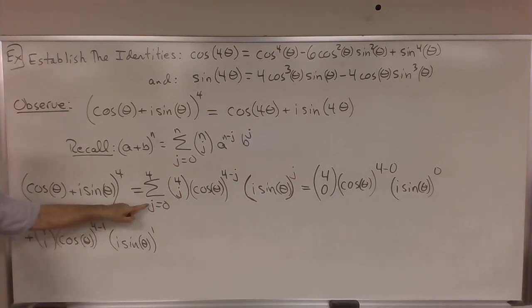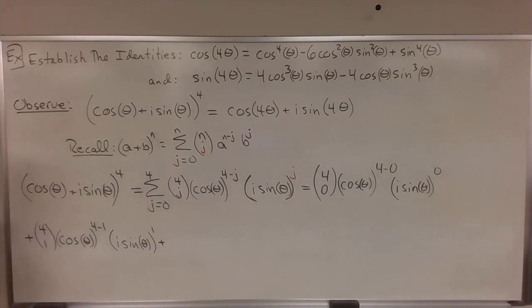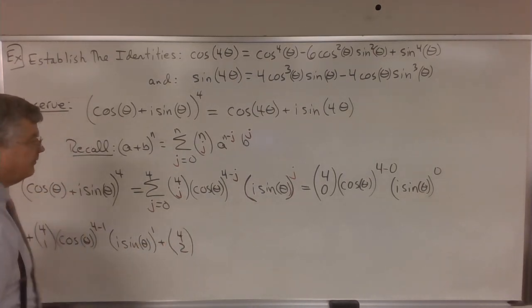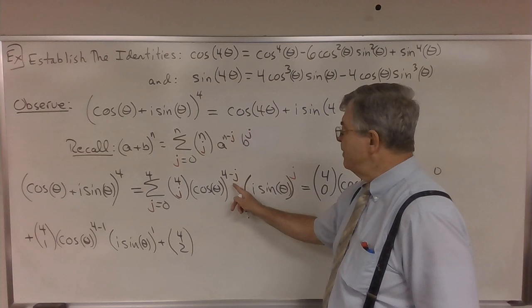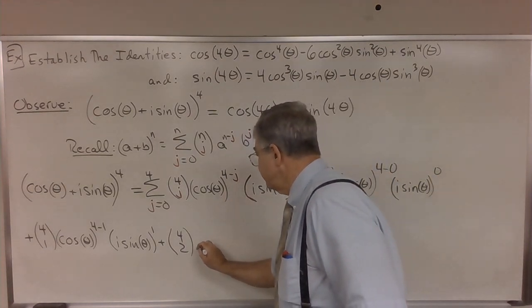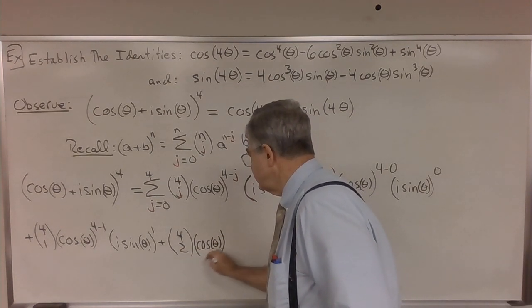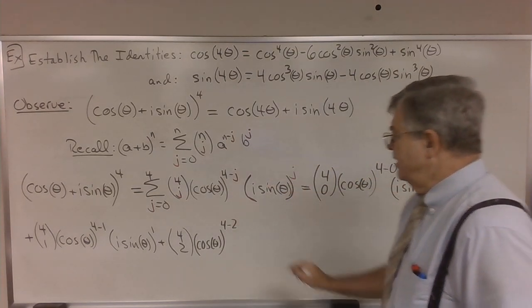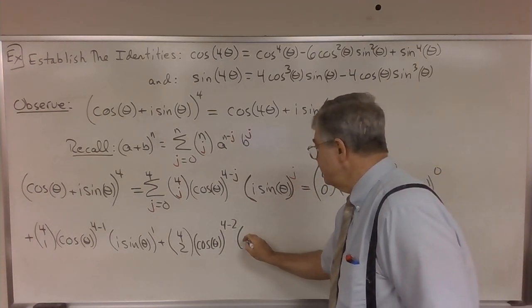Now j will equal 2. And we have 4 choose 2 times cosine theta to the 4 minus 2, and we have i sine theta to the 2.